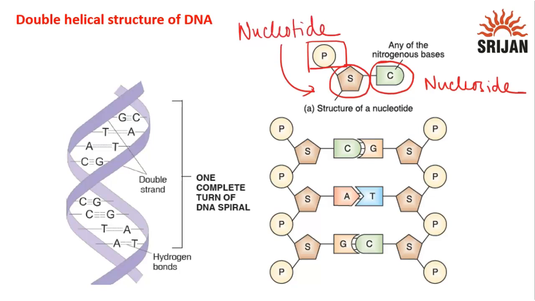Then we can see that the cytosine is paired with guanine with 3 hydrogen bonds and adenine is paired with thymine with 2 hydrogen bonds. So the nitrogenous bases of two strands are paired among themselves to form the double helical structure of DNA.